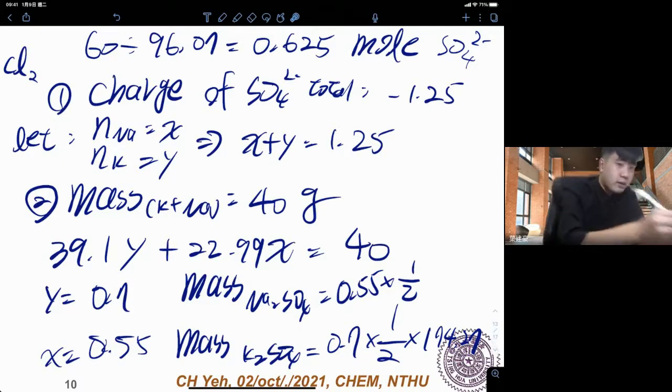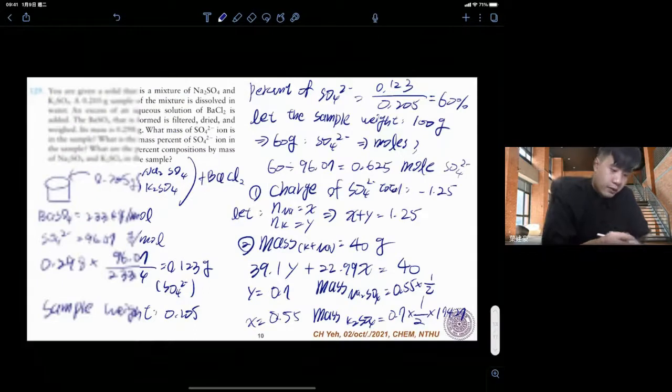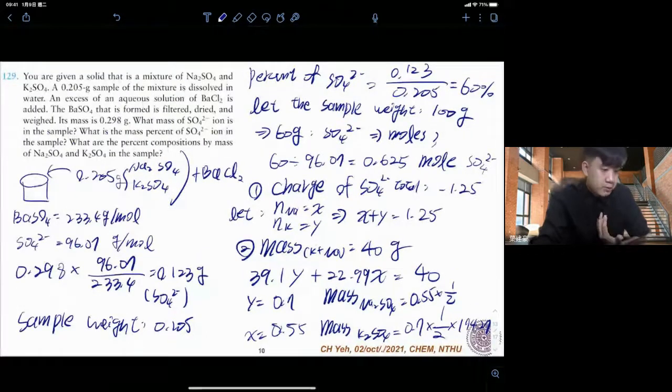Okay, I think calculating to this point will be enough.